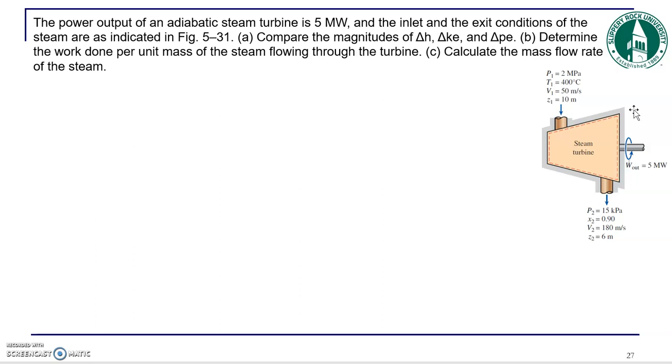So if you look at the entrance, we have 2 megapascal, 400 degrees Celsius steam coming in. So what you need to do is to basically find the thermodynamic state of your steam. So you have to go to the tables and check, based on this pressure and temperature, what is the state of your system.